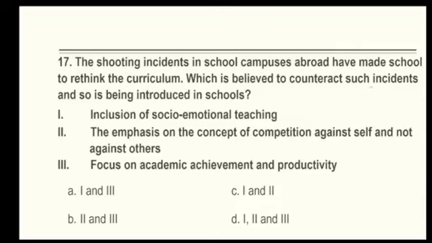When we say academic achievement, we are forced to compete with other students, no? When we say academic achievement, who will be top 1, top 2, top 3. So that's not included. So the answer there is letter C, 1 and 2. All right. Okay, so let's have number 18.